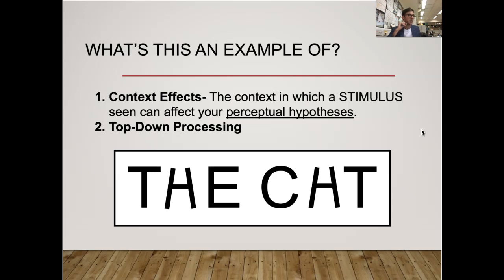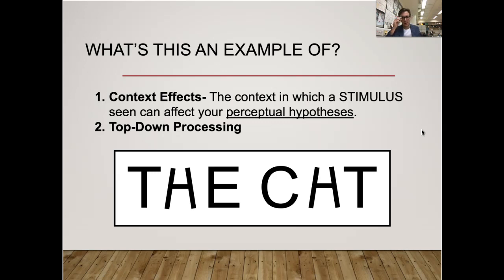So context effects are basically just the context in which a stimulus can be seen through your own perceptual hypothesis. Okay? On the left, that H is an H to you, right? And then on the right, that A is an A to you. However, it's really nothing.